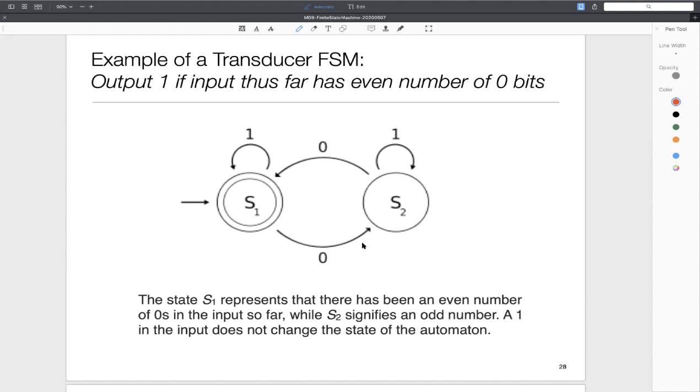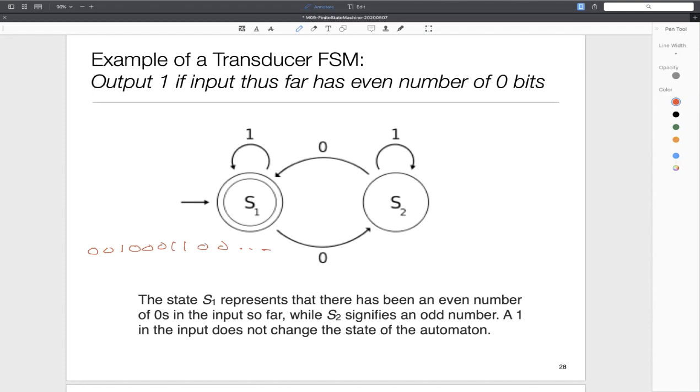So specifically, we want the behavior like the following. I'm going to draw it out here. Let's imagine the input that came was like this: 0, 0, 1, 0, 0, 0, 1, 1, 0, 0, something like that.